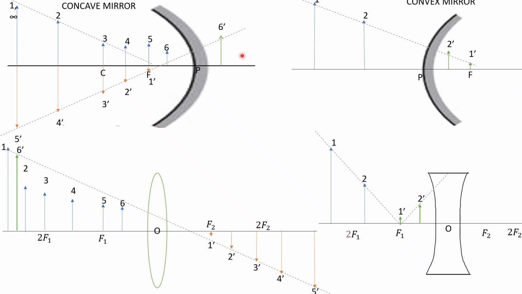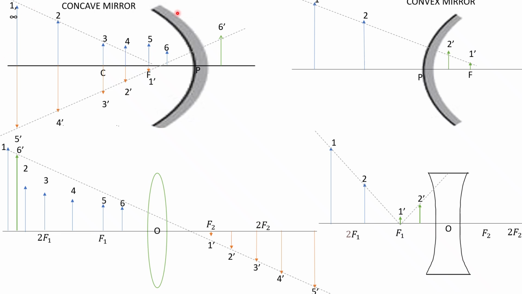So you have this concept very clear. Whenever the object is at infinity, the image is formed at focus. Now, the object positions I am marking as 1, 2, 3, 4, 5, 6, and the image positions I am marking as 1 prime, 2 prime, and so on.